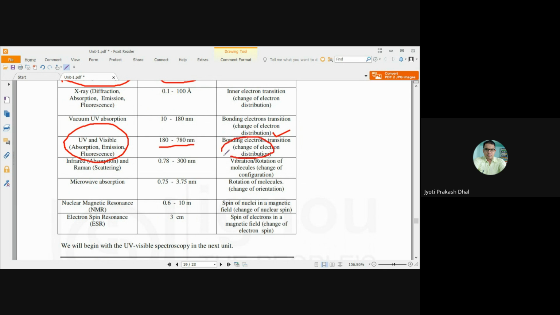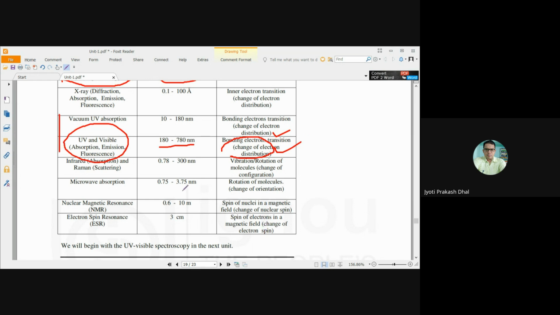The electron will undergo transition from ground to excited state. These are only bonding electrons, not the inner or core electrons. If inner or core electrons undergo transition, that will show X-ray spectra. But if the bonding or valence electrons undergo transition, that will give UV and visible spectra.